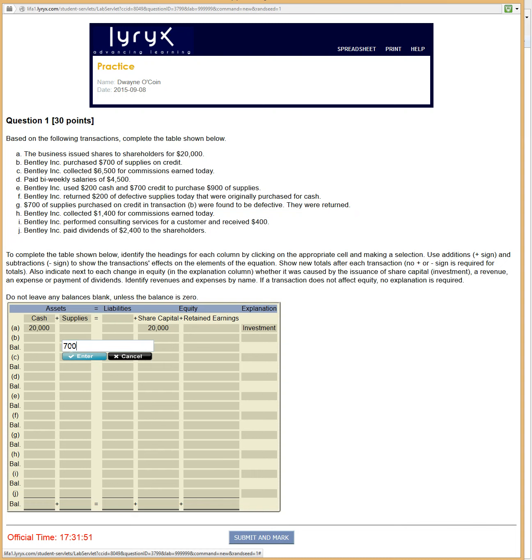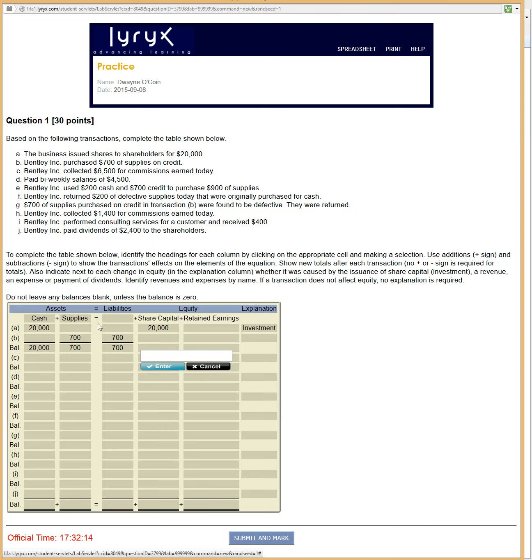That's an increase, and we're supposed to put in increases with positive numbers and decreases with negative numbers. It says we purchased on credit, so our liability went up by 700 as well. So now we have a balance of 20,000 in cash, 700 in supplies, and 700 in the liability here.